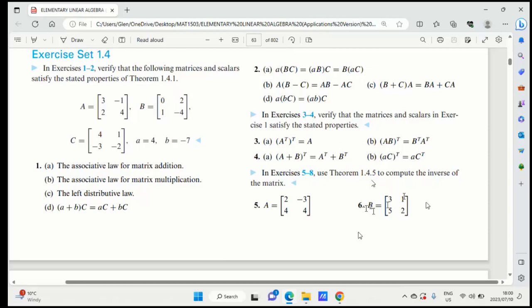Yeah, that's what I got. This is what I got: -2, +1, +5, -3. Because the fraction was 1 over -1.